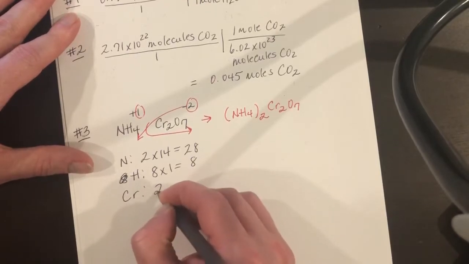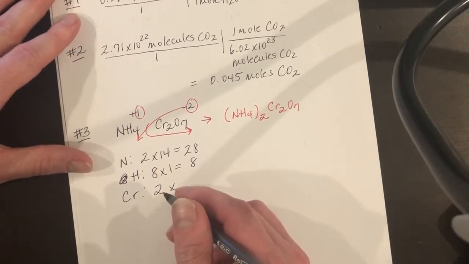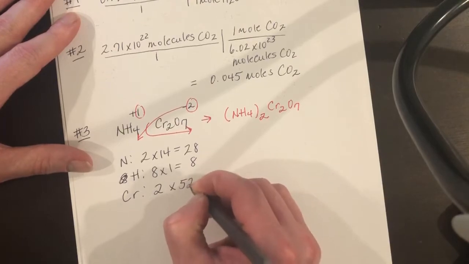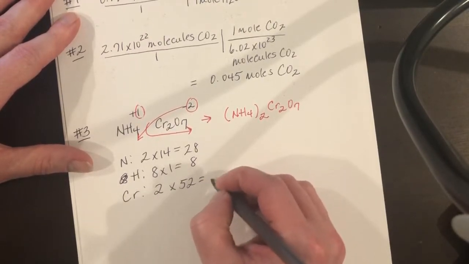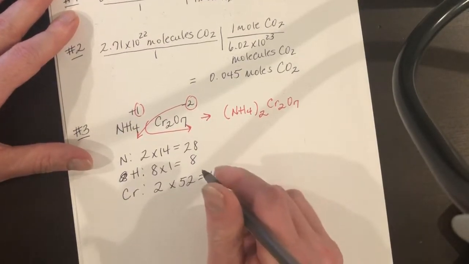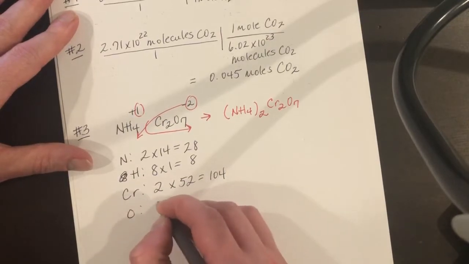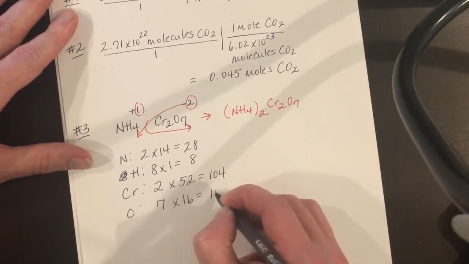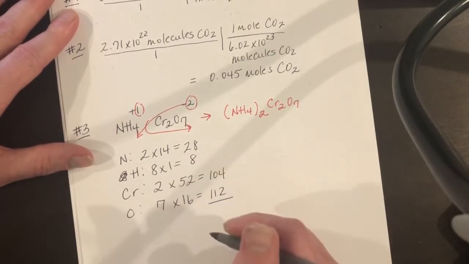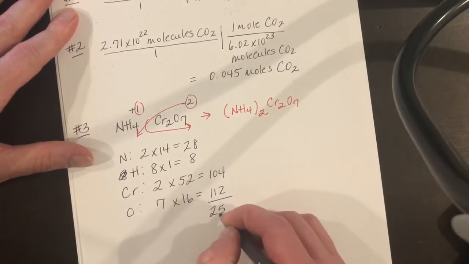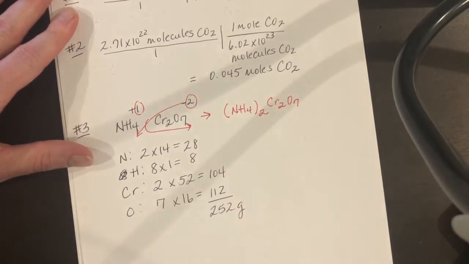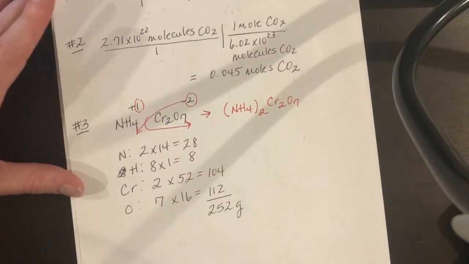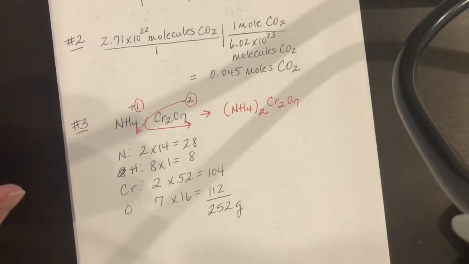Cr, I have 2 Crs at 52 each. And I have 7 oxygens, and 7 times 16 gives you 112. Now we add all those numbers down and we get 252. And that's all it's asking for whenever you find the formula weight. Okay, number 4.